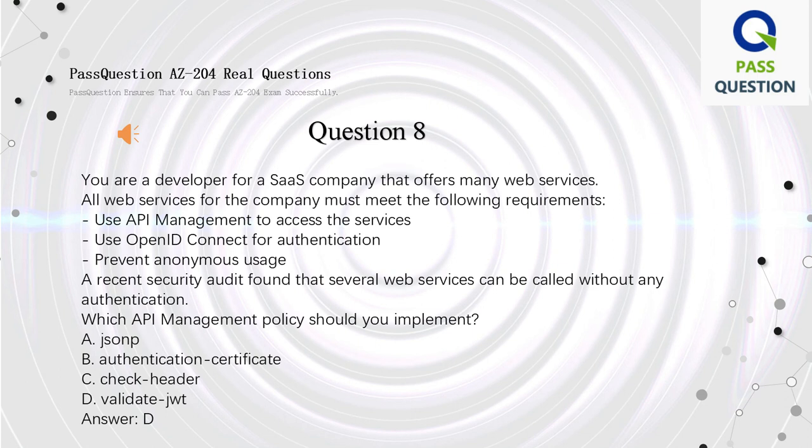A recent security audit found that several web services can be called without any authentication. Which API Management policy should you implement? A. JSONP. B. Authentication certificate. C. Check header. D. Validate JWT. Answer: D.